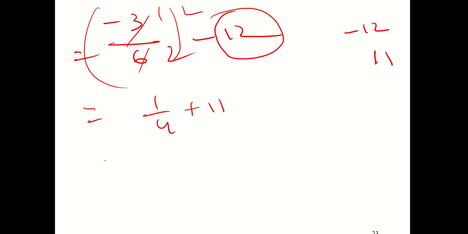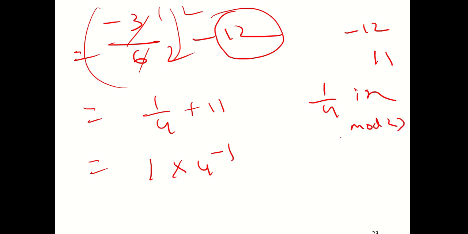So 1 by 4 is 1 into 4 inverse. What is 1 by 4 in mod 23? You need to find 1 by 4 in mod 23, which is nothing but 1 into 4 inverse, plus 11.